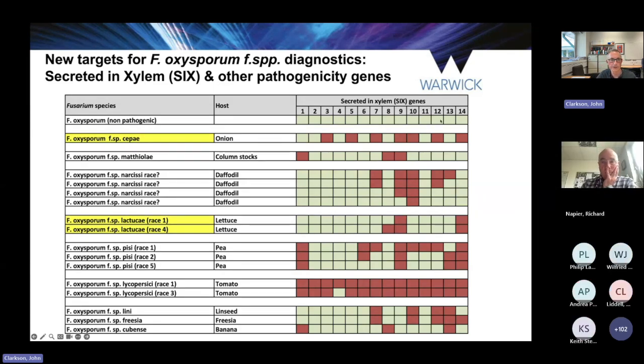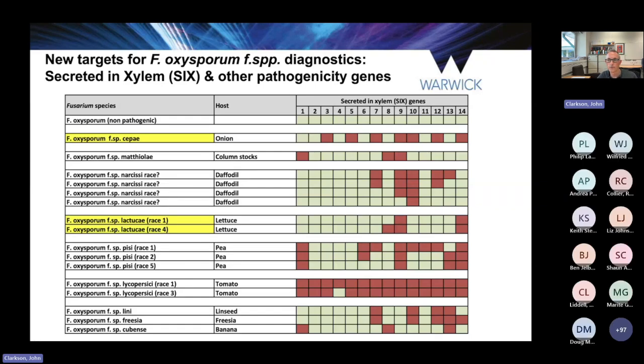It's best to look at the whole genome, but again, this serves to illustrate that for these 14 known secreted in xylem genes, which were first identified in the tomato version of Fusarium oxysporum, there are different complements of these genes. I've highlighted CP, which is towards the top here, and you can see these red boxes indicate it has 7 of these genes, if that makes sense.